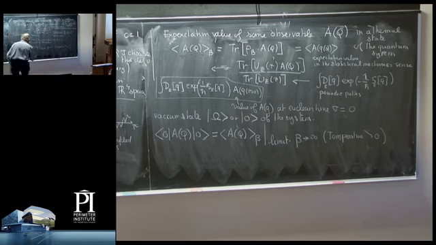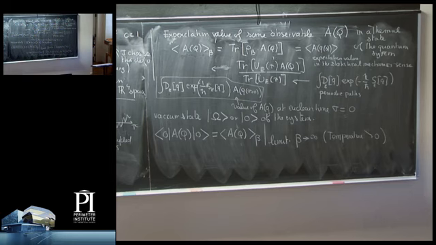So this is given by the expectation value of A of Q in the limit where the size of the one-dimensional statistical system goes to infinity.